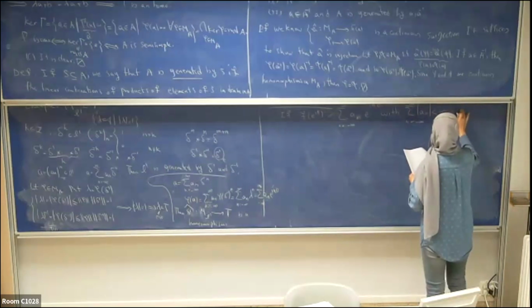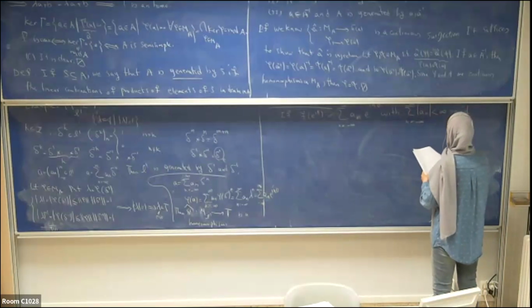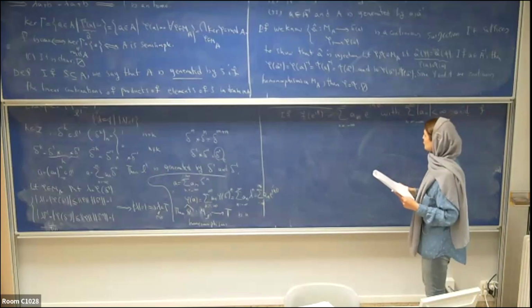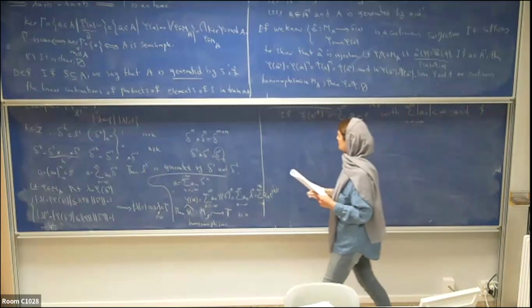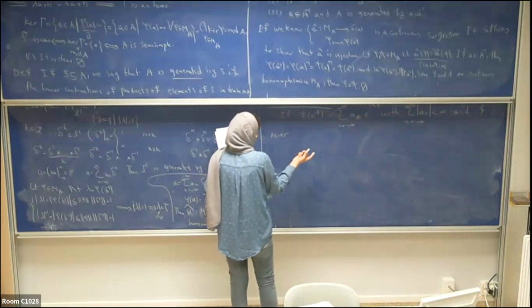and f never vanishes. It means that for each theta, f of e to the i theta is not 0, or the zero set of f is empty.